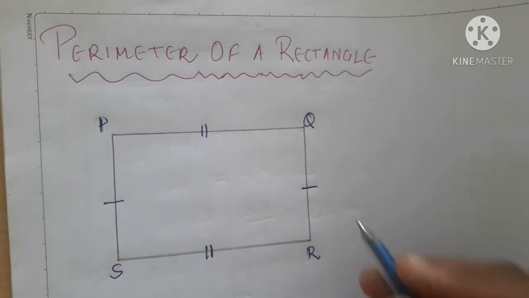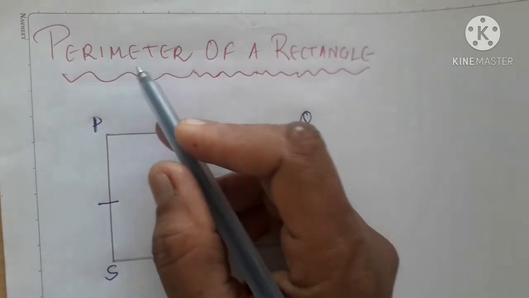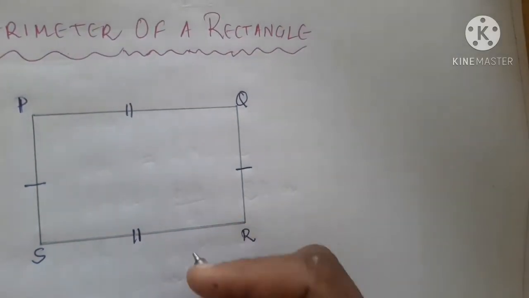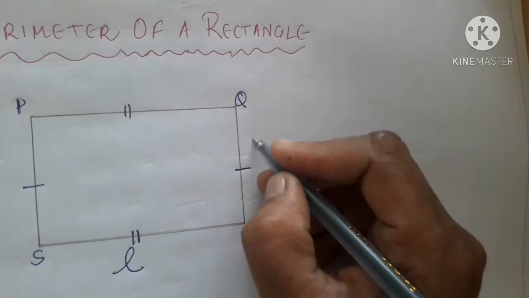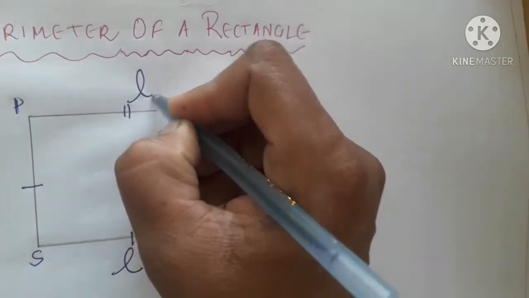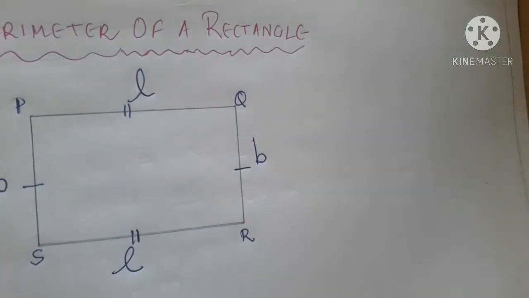So here, what will you have when you have to find the perimeter? As you know, perimeter means sum of all the sides. So if we say that this is the length, say L, and this is the breadth, then obviously this also you can write as L and this is your breadth B, right?